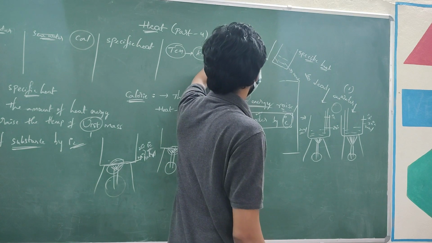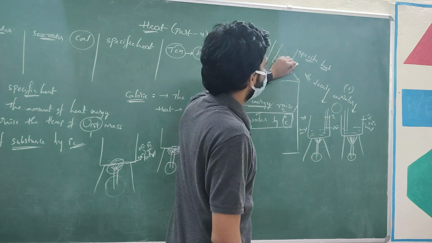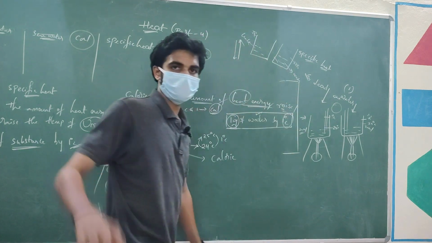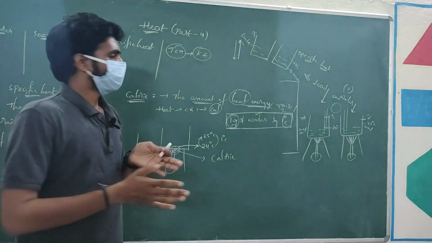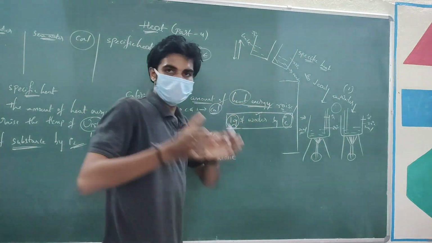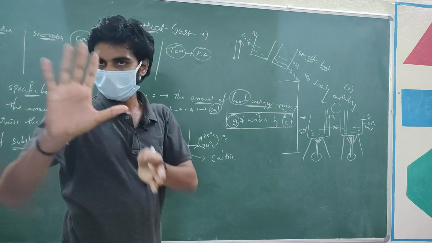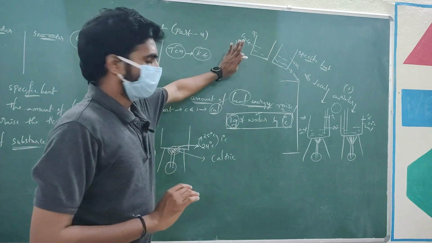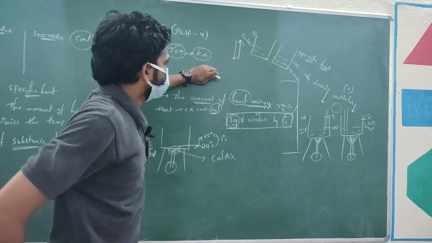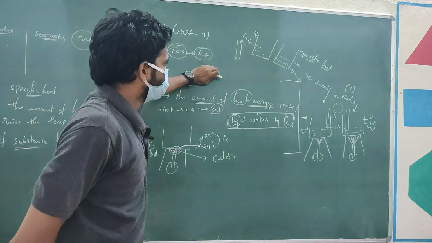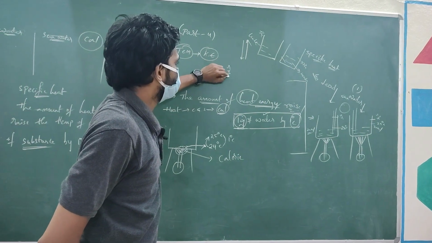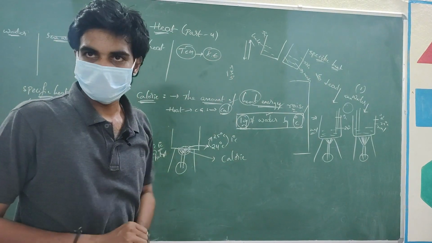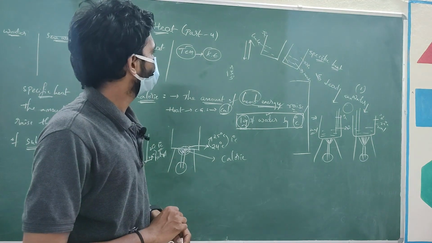The first beaker is at 50 degrees centigrade, and the second beaker, with water, is also at 50 degrees centigrade. They are both at the same temperature, 50 degrees centigrade. We don't do anything, just keep it like this and observe. We need to wait again, how much time? 5 minutes. And after 5 minutes, what happens?